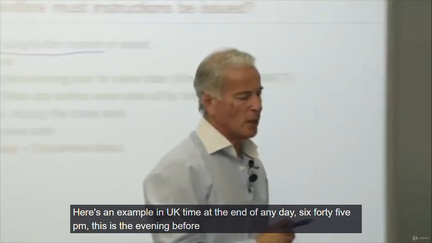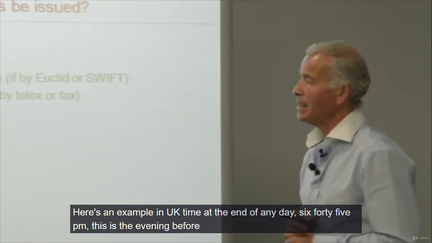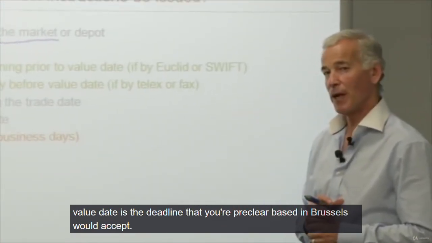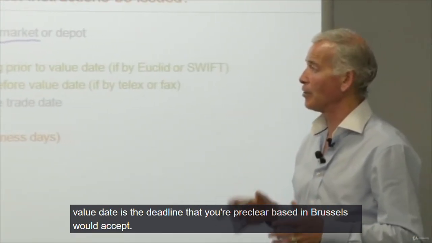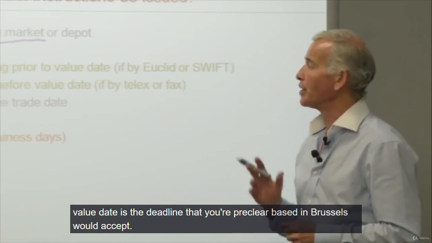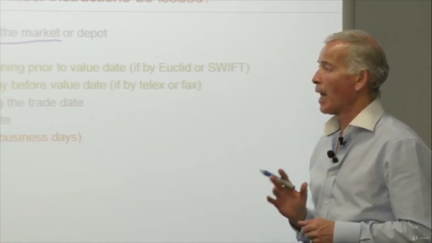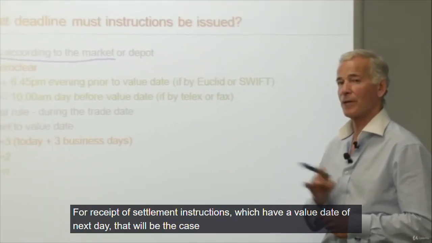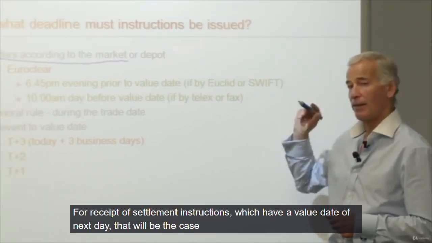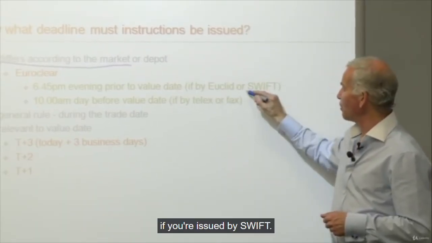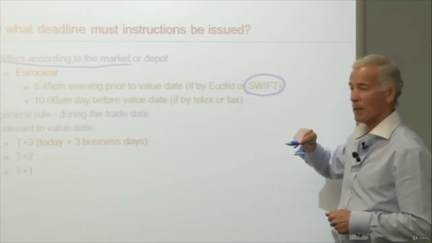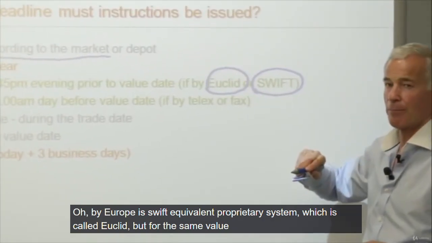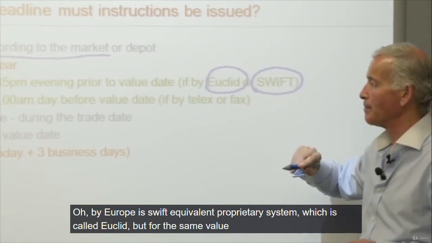In UK time, at the end of any day, 6:45 PM, this is the evening before value date, is the deadline that Euroclear, based in Brussels, would accept for receipt of settlement instructions which have a value date of next day. That will be the case if you issued by Swift or by Euroclear's Swift equivalent proprietary system, which is called Euclid.